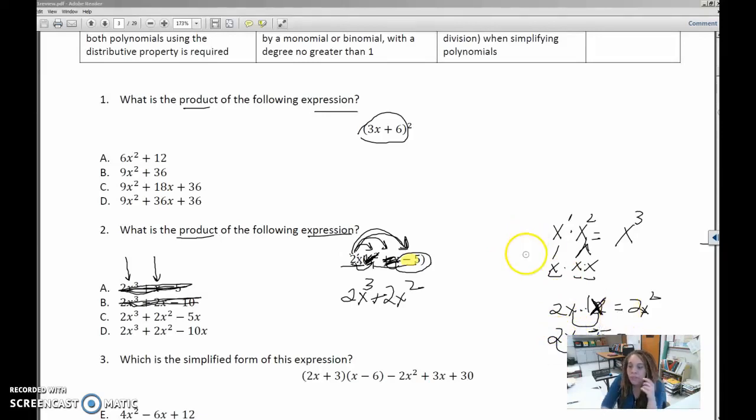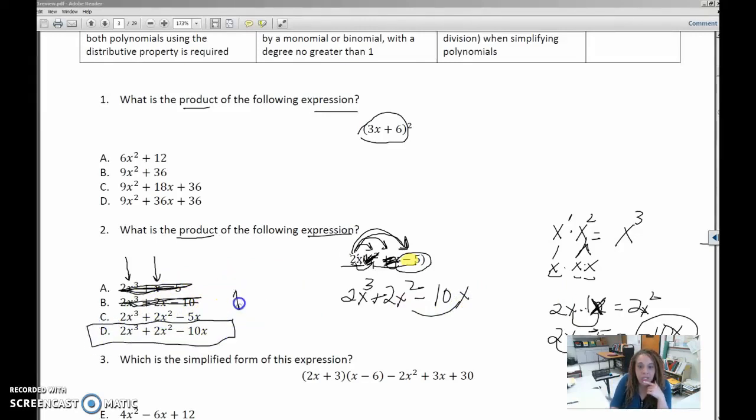It's a negative. Well, 2 times negative 5 is negative 10, and how many x's were on that multiplication? Just 1. So because it's negative 10x, I write that on the end as negative 10x, also called minus 10x. So now it's pretty clear that my answer choice is answer choice D. All right? That's how you figure out that one.